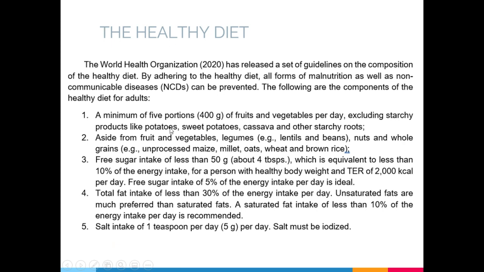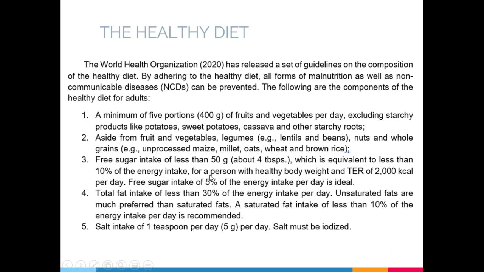There should be a minimum of 400 grams of combined fruits and vegetables per day. Then, your diet should include legumes, nuts, and whole grains. Your sugar intake should be less than 10% of your energy intake.